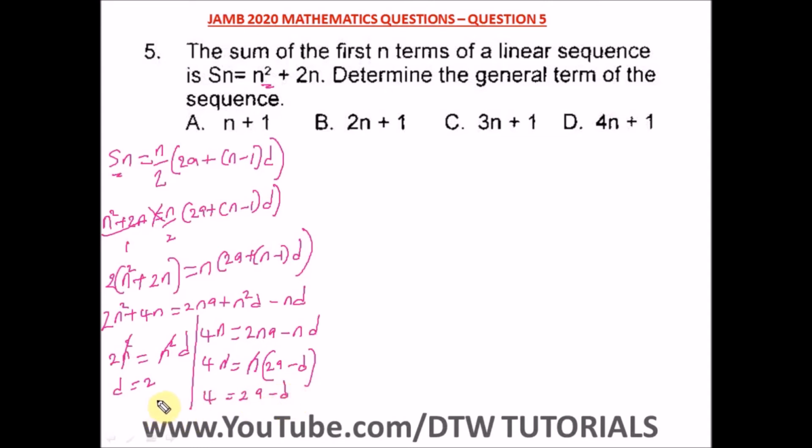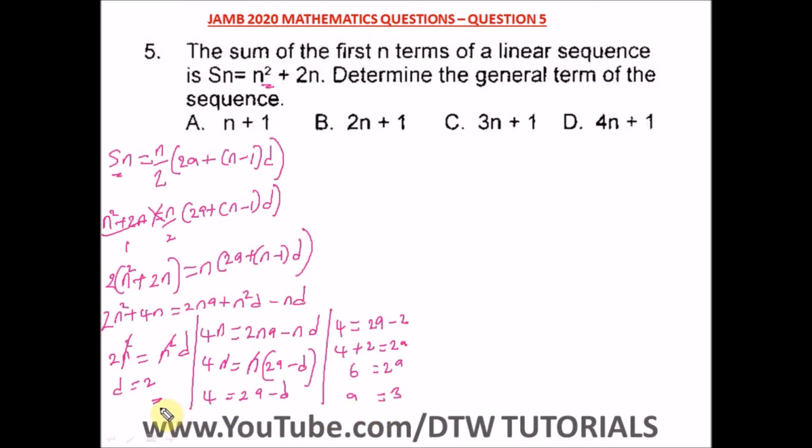Remember we found our d to be 2. So we have 4 equals 2a minus 2. Clear like terms, you have 4 plus 2, that is, if this comes here, it becomes plus, equals 2a. So 4 plus 2 is 6, equals 2a. Therefore a is equal to 3.